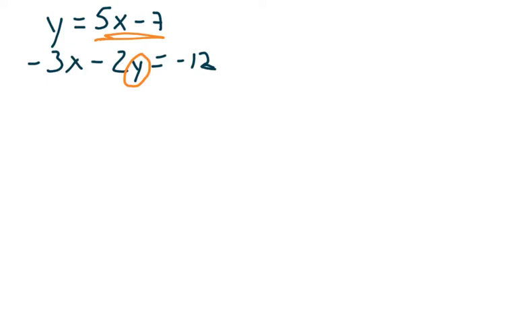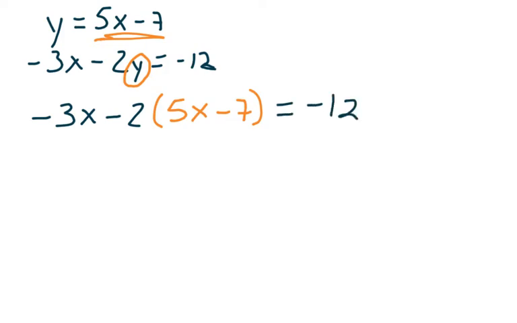So when I rewrite it, it's going to be negative 3x minus 2 times the whole quantity of 5x minus 7. I must use my parentheses to make sure that I use my distributive property. Everything that is equivalent to y has to be multiplied by that negative 2.